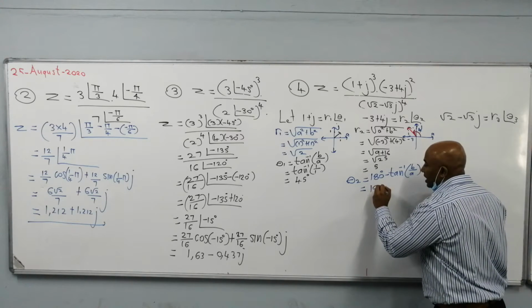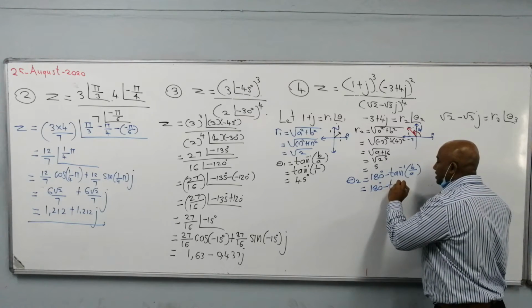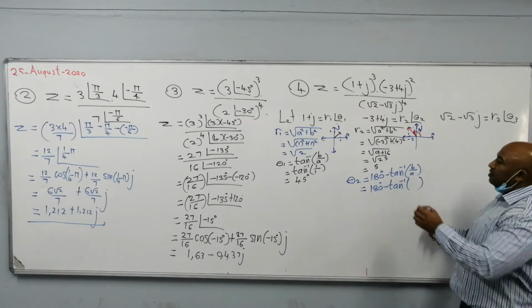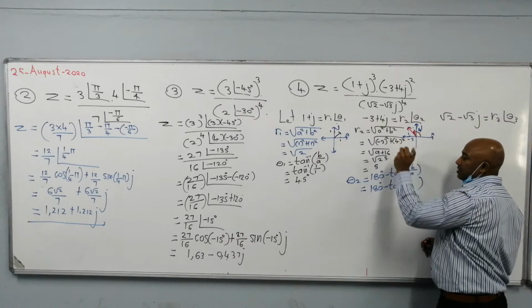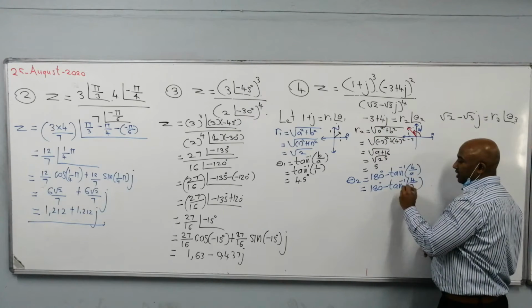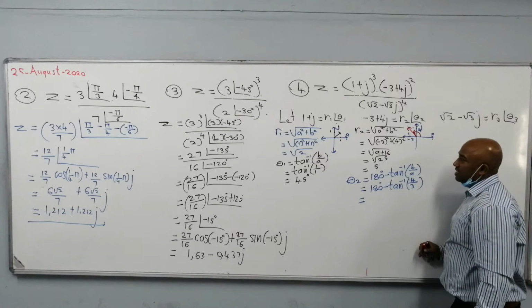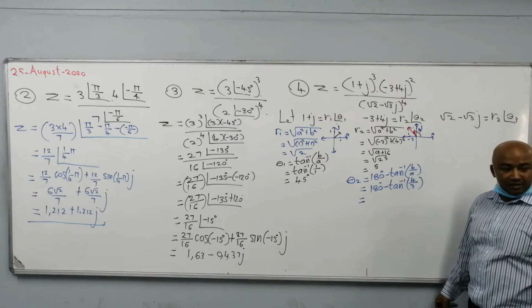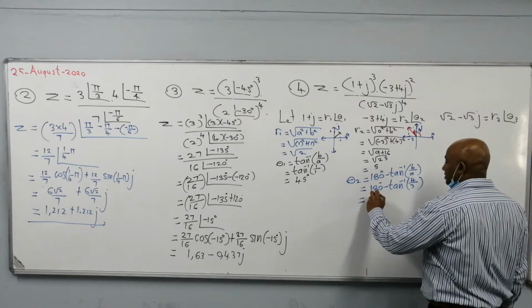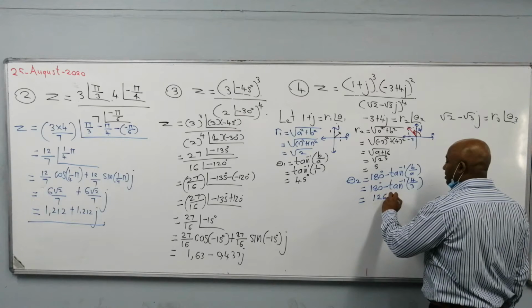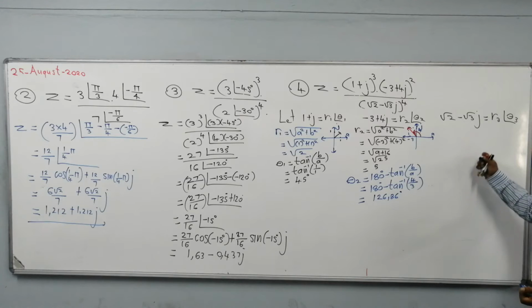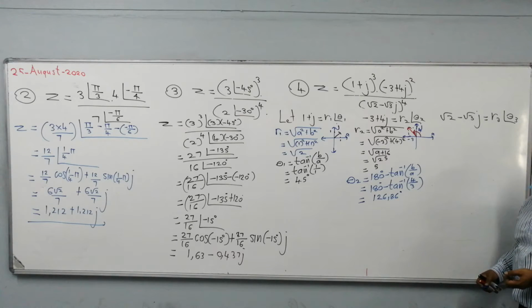So I'm going to ignore the negatives and just go 4 over 3. Give me the answer quickly for this one. 180 minus that is 126.86 degrees. All got that?